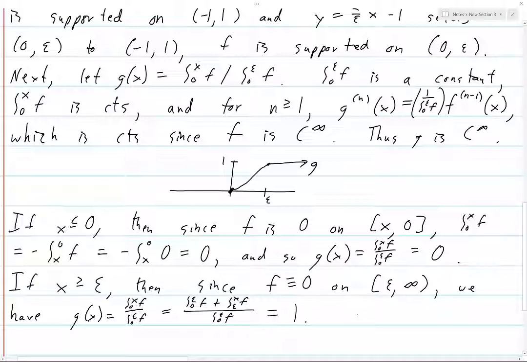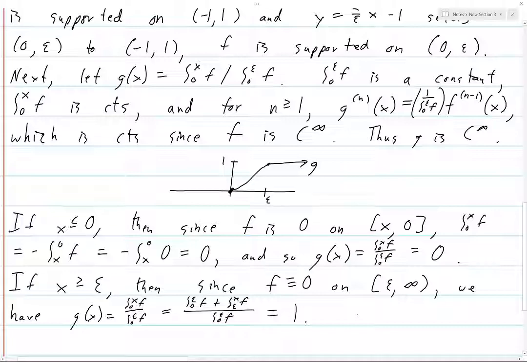Finally, we actually don't need this function f to be increasing. What we want to prove is that the range of g is the interval from 0 to 1. But we're going to prove that by proving that g is increasing from 0 to epsilon. So finally, g prime of x is equal to, when you take the derivative of the integral from 0 to x of f, you just get f of x.